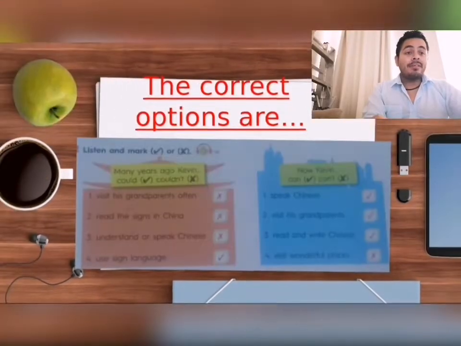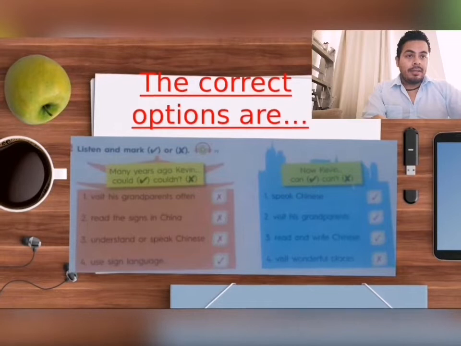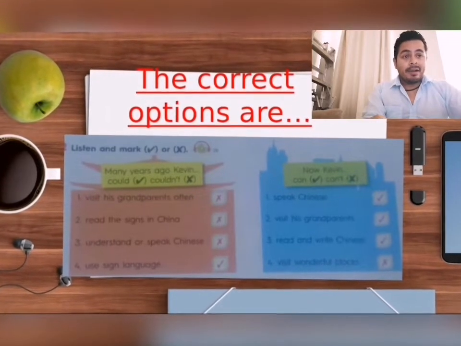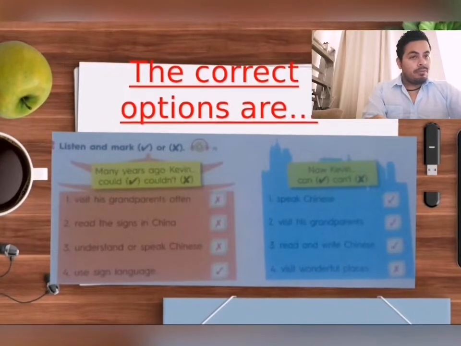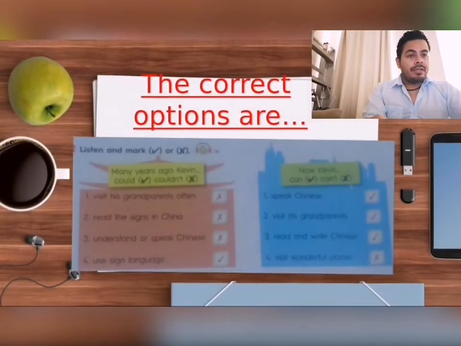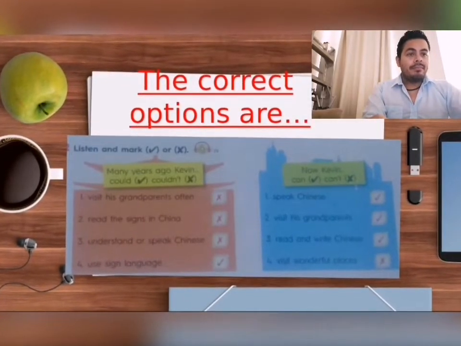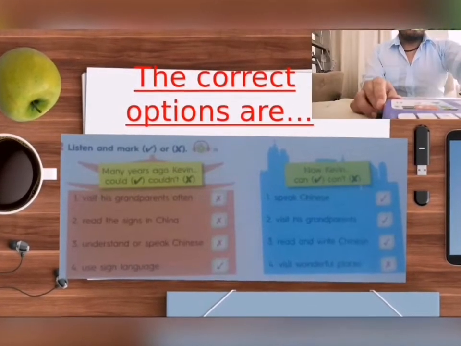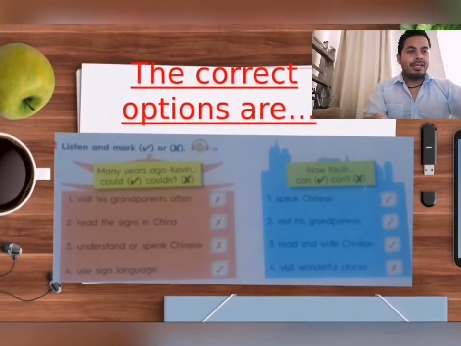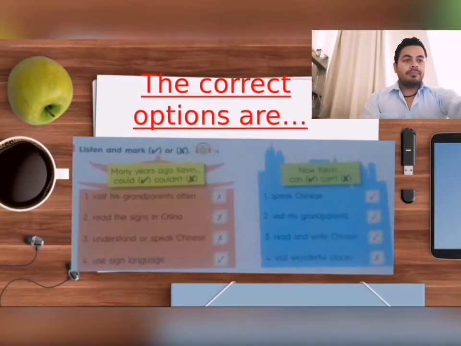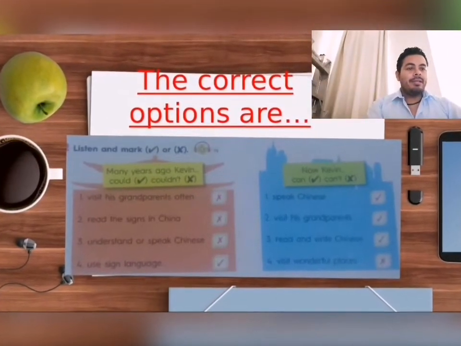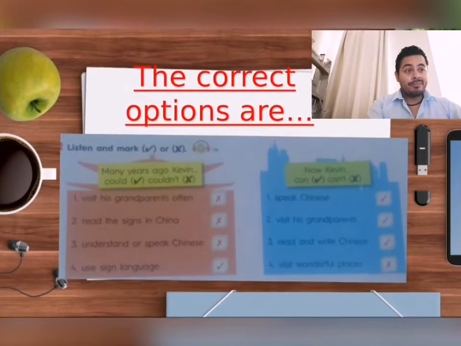Okay, the correct answers were these. Visit his grandparents often. No. Read the sign in China, understand and speak Chinese, and he can use sign language.